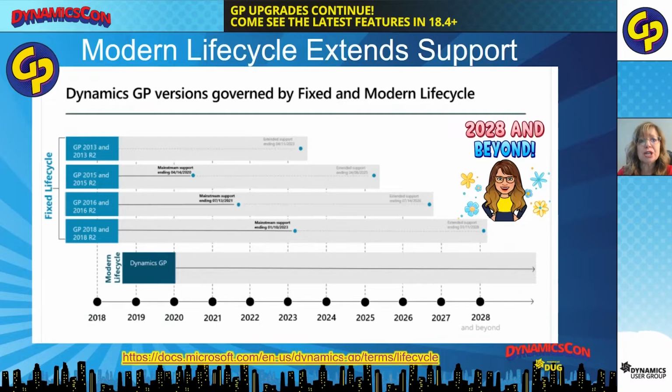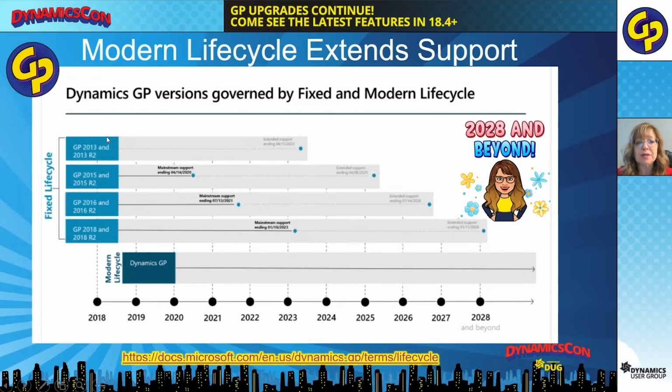And the code version is 18 point something point XXX. So now we're on 18.4. Back in 2018 was released. Then in 2019, we had an R2, and then we had a 0.2. In 2020, we had 0.3, and in 2021, we had a 0.4. So that's kind of where we're at.